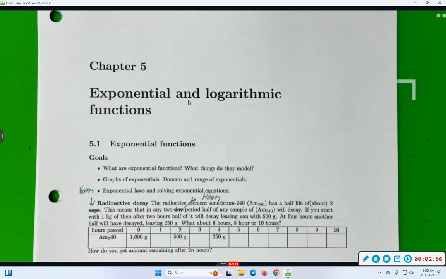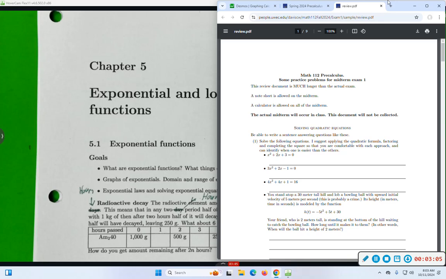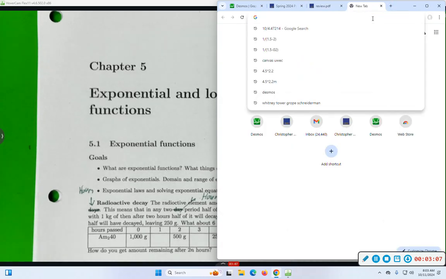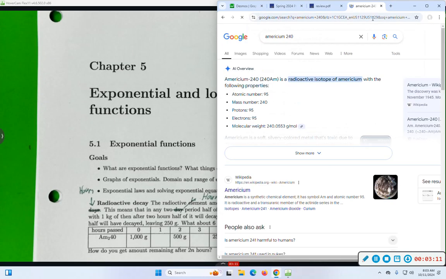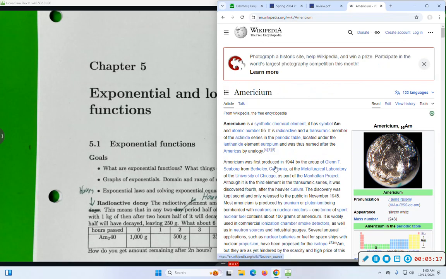All right, fair enough. It is an unstable and absolutely artificial isotope that is only lab made, not naturally occurring. But this is bugging me, so I'm going to look it up. There we go.